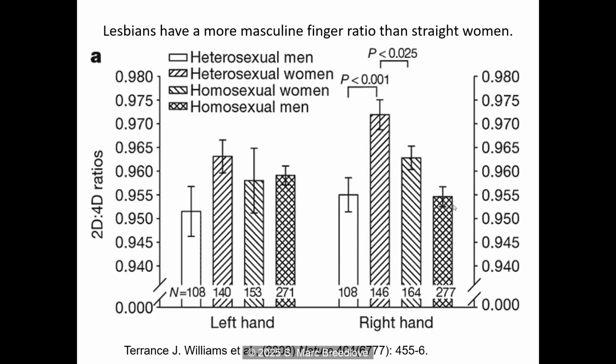So we do this, and on the left hand we didn't see any sex difference in digit ratio. On the right hand, we did. We saw that heterosexual women had larger digit ratios than heterosexual men, as we expected.